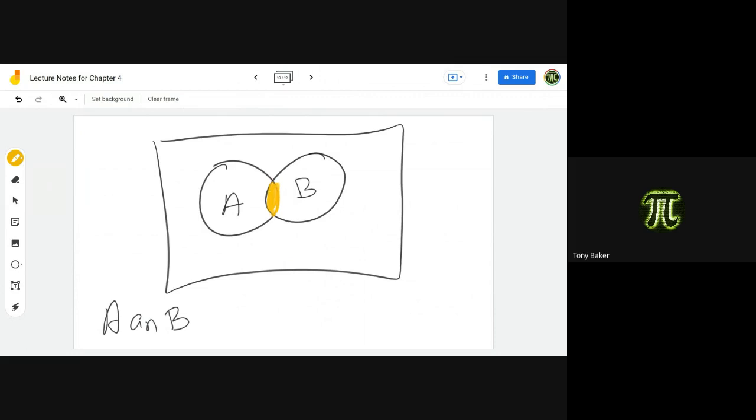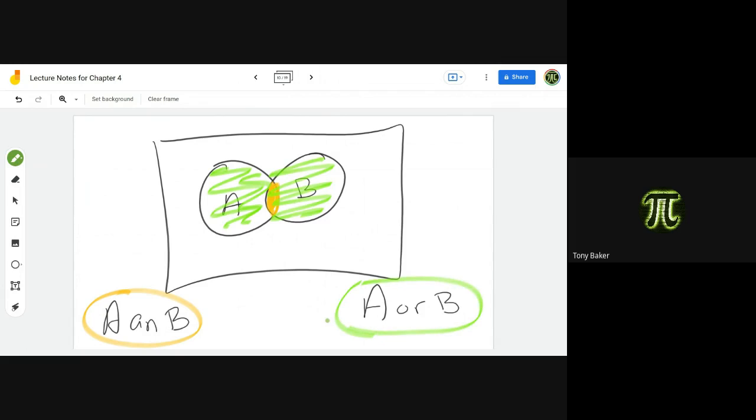That's A and B. That's where they both occur. If we're looking for A or B, that's everything inside both circles.